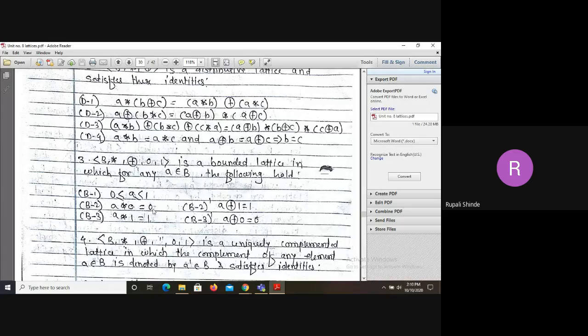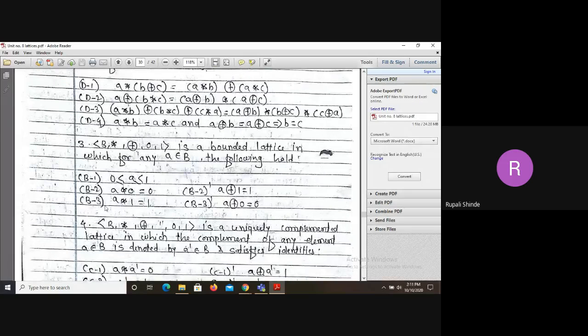Correct. Now I have to write its complementary operation: A is there, replace this star by XOR and 0 by 1. So you will get the answer 1, because we have written complement here. The complement of 0 is 1, the complement of 1 is 0, the complement of star is XOR, and the complement of XOR is star. That part we have already seen. That's why its complementary equation becomes A XOR 1, and that is equal to 1. That is what we have written here in the complementary part.